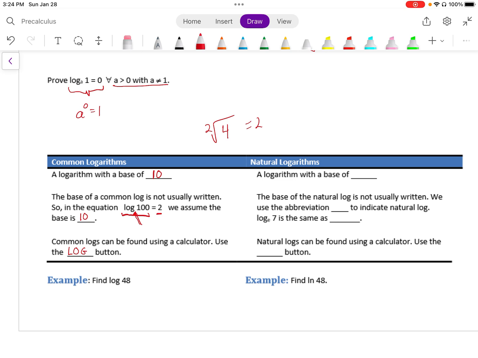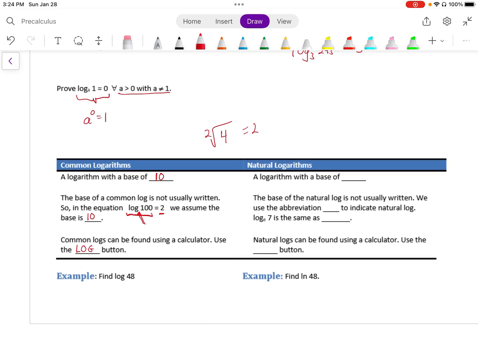And then we talk about natural logarithms. That's a logarithm with a base of the natural number e. We represent that with a lowercase e, which we'll talk about in a minute. The base of the natural log is not usually written. We use the abbreviation ln.